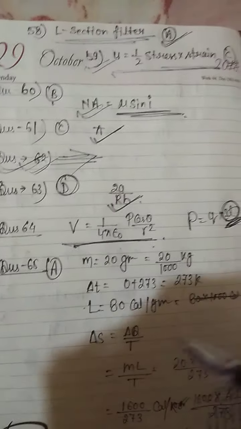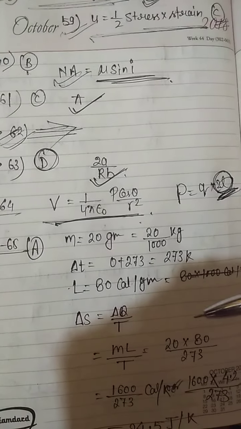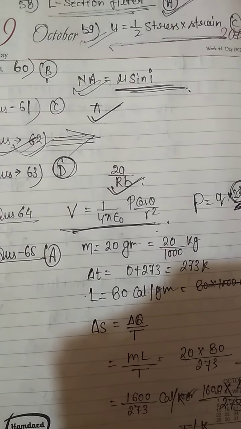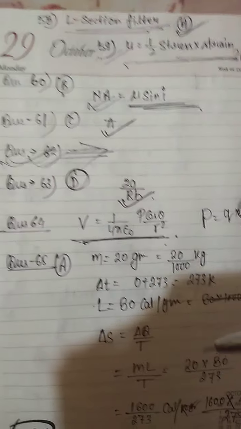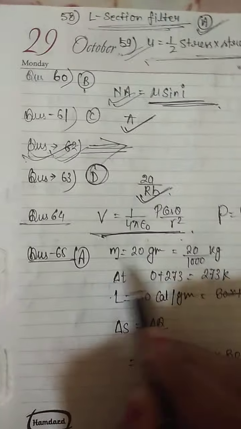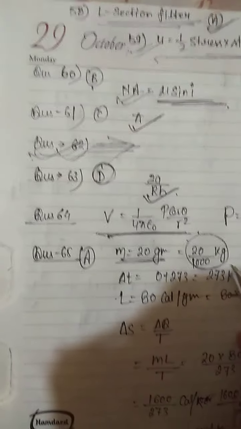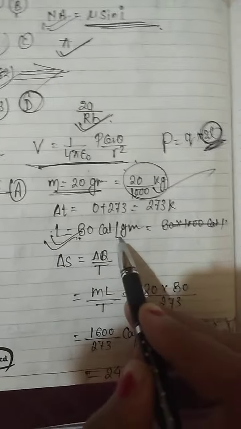Question number 65. 20 grams of ice at 0 degrees Celsius melts to water at 0 degrees Celsius. The entropy change in this process is, latent heat of water is 80 calorie per gram. It has been given, M is 20 gram. Firstly, I had converted into kg, but leave it, because L, latent heat, has been given in the form of 80 calorie per gram.